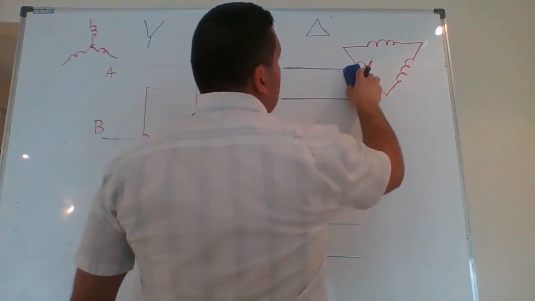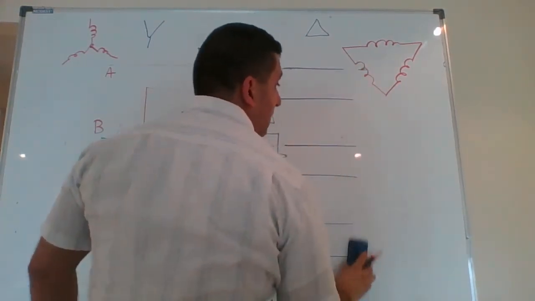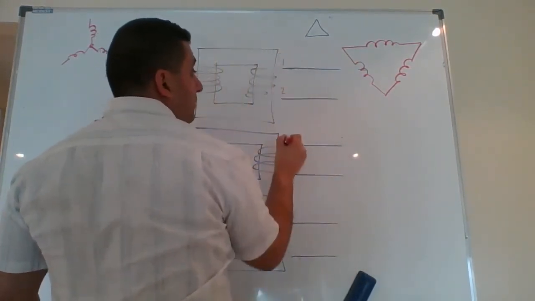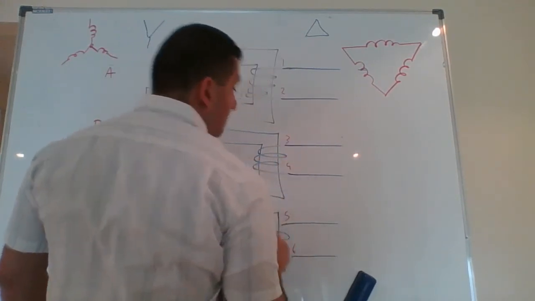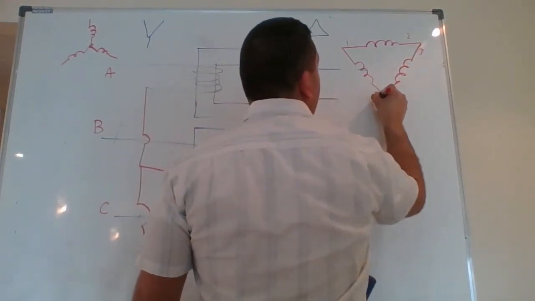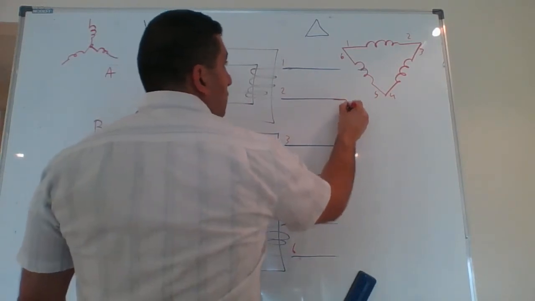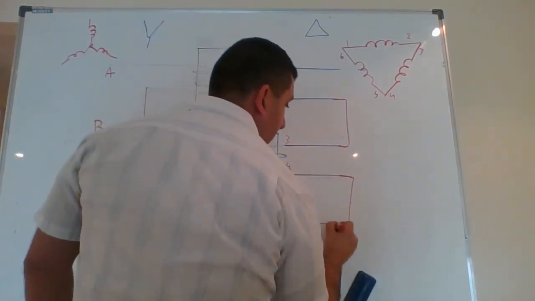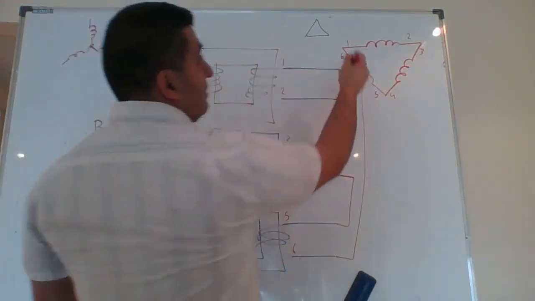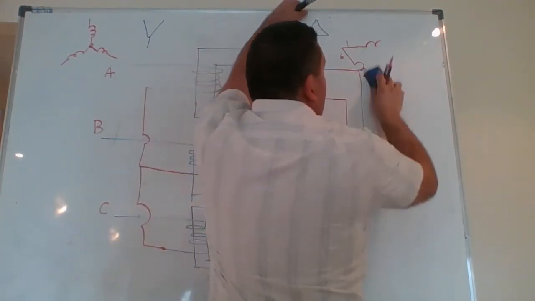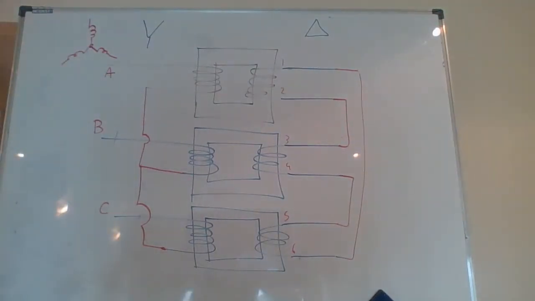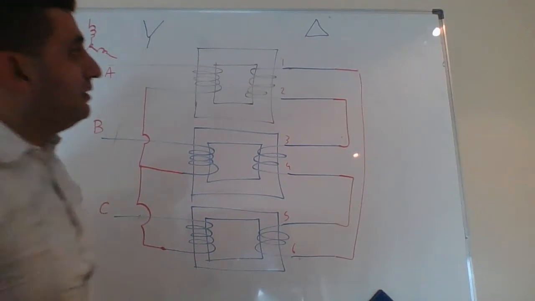This is my delta. If I call these 1, 2, 3, 4, 5, and 6, what I do is connect 2 to 3, 4 to 5, and then 6 will be connected to 1. This now provides my connection as a delta.